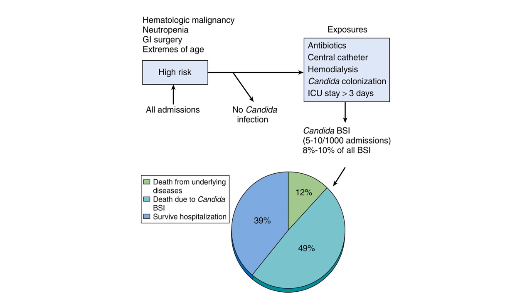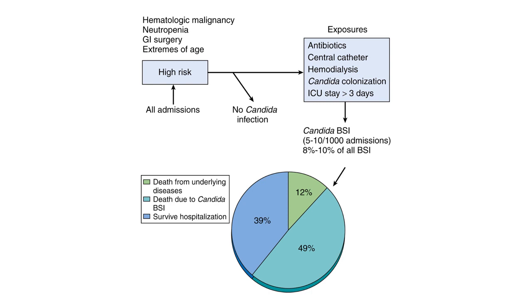So these exposures, together with the risks in some patients, lead to infection of Candida, particularly in the blood. And this is what we call Candida bloodstream infection or candidemia.